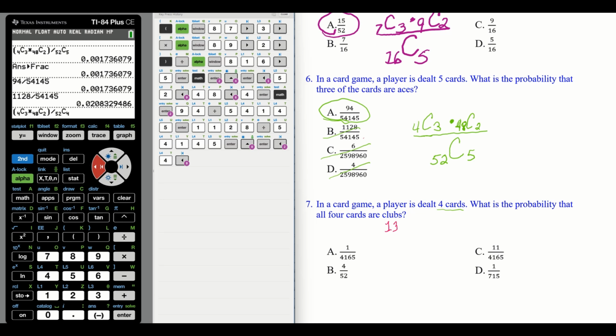Now, how many are we selecting? So let's go to select. Let's go past this. We're going to talk about clubs. We're selecting clubs. How many clubs? 13. Out of the 13, how many do we need? All 4 cards. So that is 4.